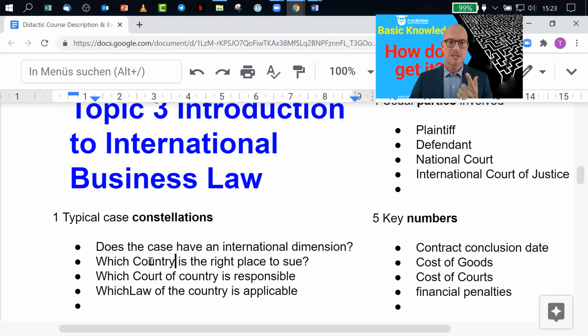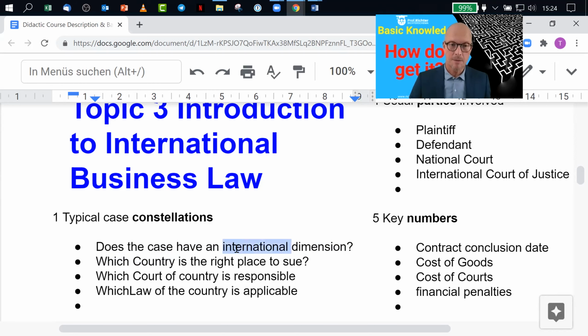The next question is always, which country is the right place to sue, in Germany or, for example, in the United States? One of the most important questions then is which court. All these questions are related to each other, right?